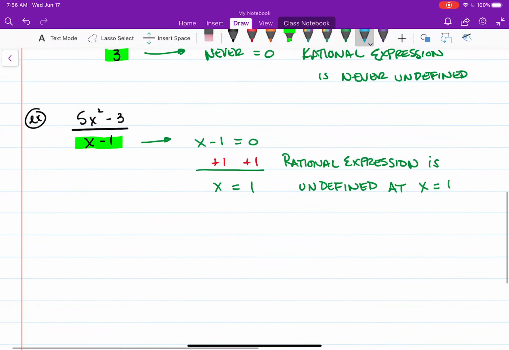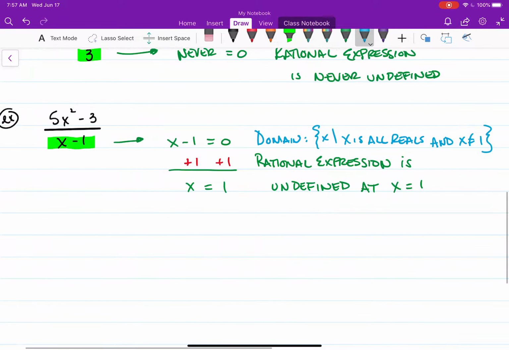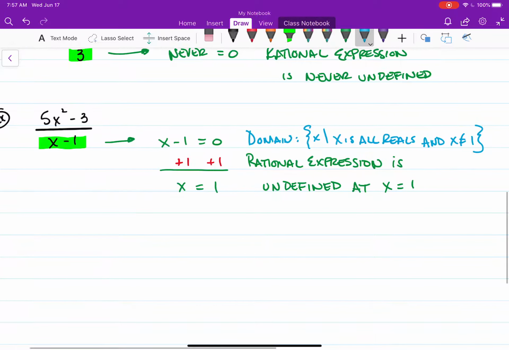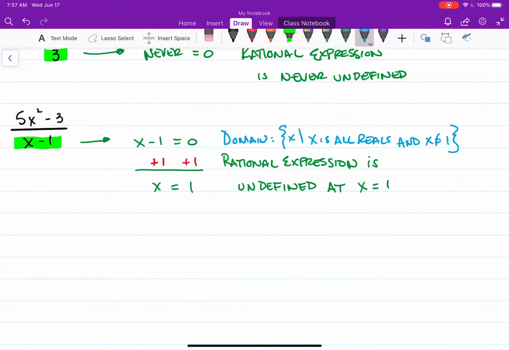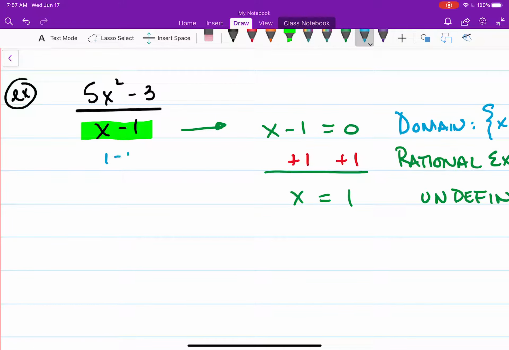Okay, so over here, if we were to find a domain for this one, we'll say that x such that x is all reals and x cannot equal 1. That's all the domain is saying: I can use any other x values except 1, because if I put 1 in for x, then I'll have 1 minus 1, which is equal to 0.